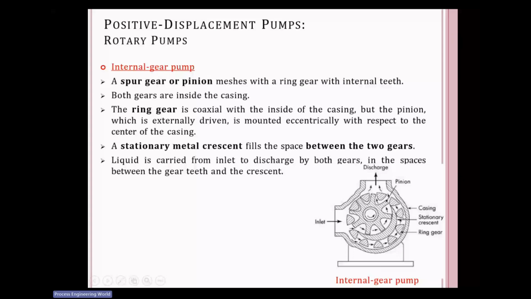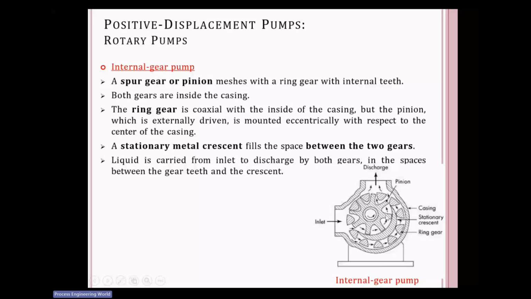As the clearance between the pinion and the crescent moon is quite low, the solid won't get deposited here, but the solid will get deposited here, whatever deposition happens. But by simply removing the casing, you can remove whatever solid has been deposited. Due to this, the rotary pump category has designed these separate internal gear pumps, which have a crescent moon, the pinion, and the ring gear.